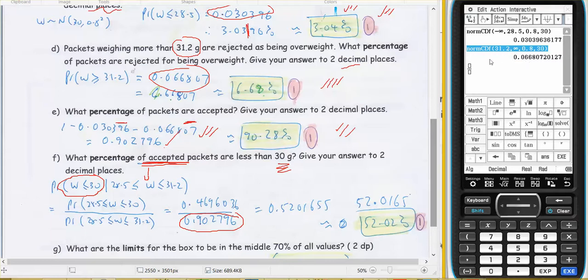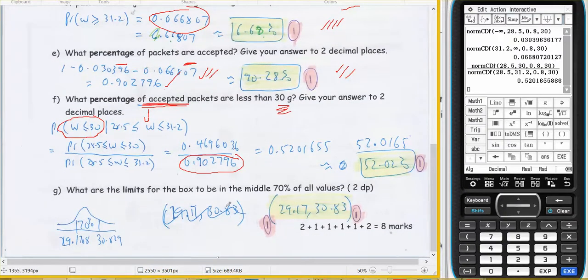So I can put that into the denominator, and that's between 28.5 and 31.2, and in the numerator I want between 28.5 and 30. And it's going to be 52.017 or 02%.